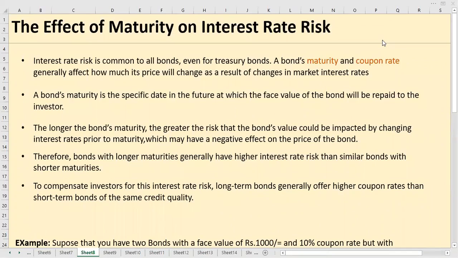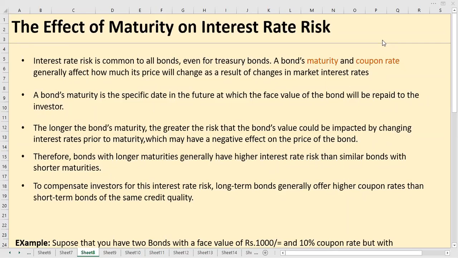So that will have an adverse effect on the bond price. But if there is a short-term bond, that means a bond that has less maturity compared to the long term one, the period that the bond is exposed to the market is very limited. So because of that, it has a lower required rate of return. So that's how it's happening.